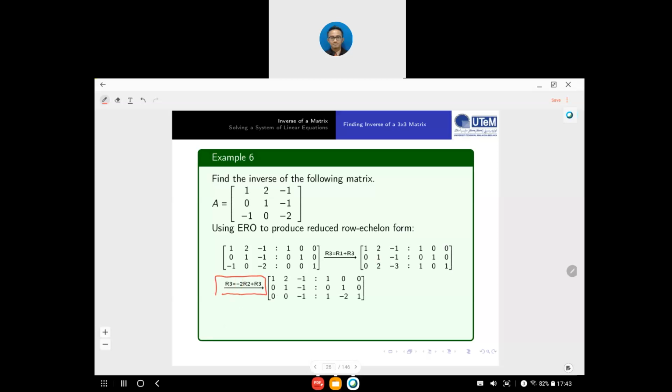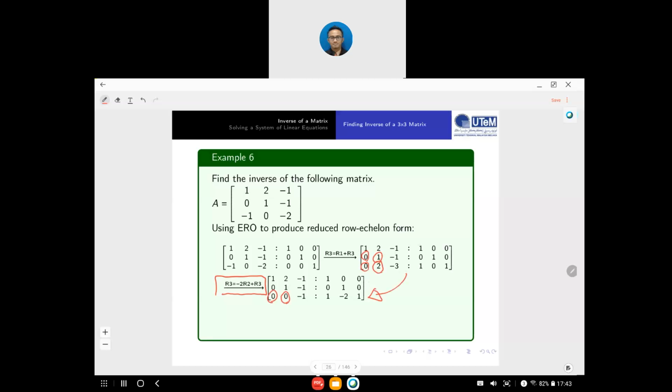You must check here. Plus 0 is also 0. Yes, because from here goes to this one. Negative 2 times by R2. Look here, negative 2 times by R2, negative 2 times by 1, negative 2. Negative 2 plus 2 is 0.